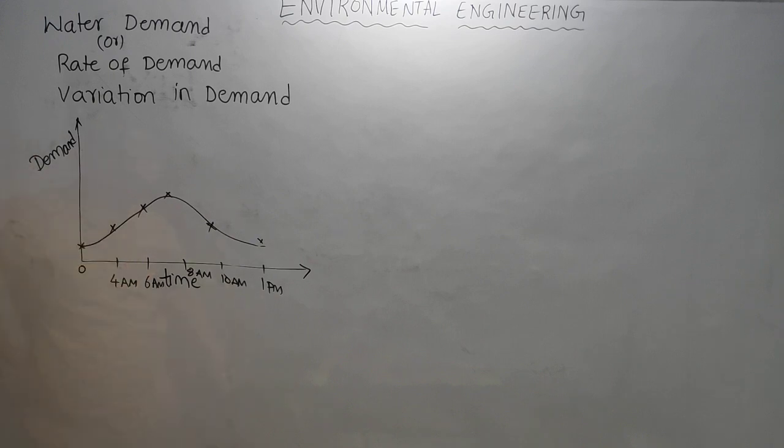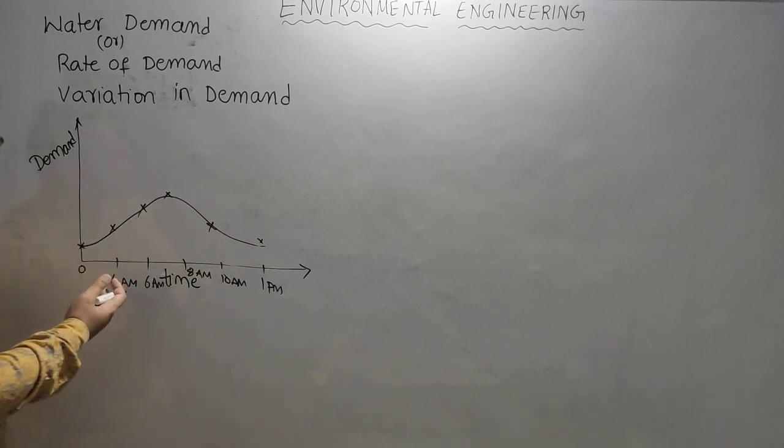Sunday you wash clothes, clean the house, clean your car, so that day the consumption of water increases. Whereas on Monday, everybody goes to office, so the consumption may decrease. So there will be daily variation and hourly variation.